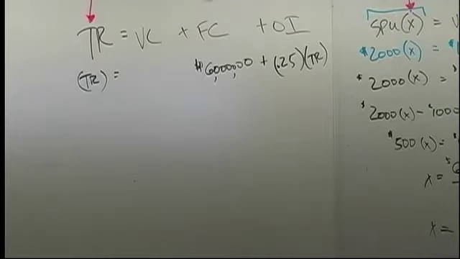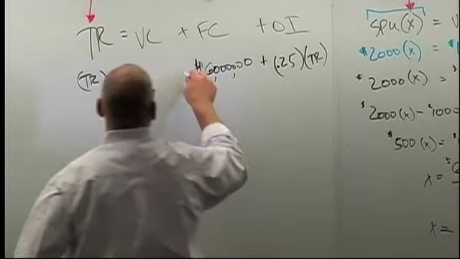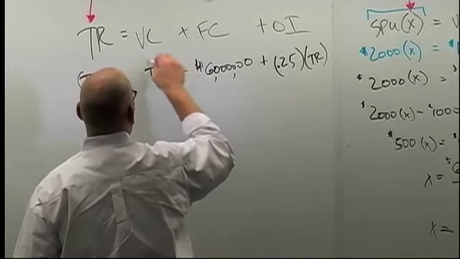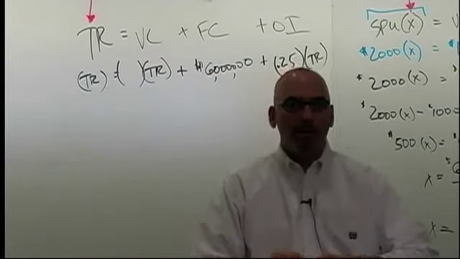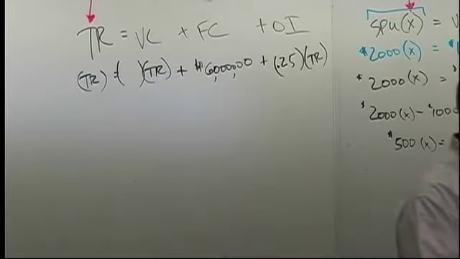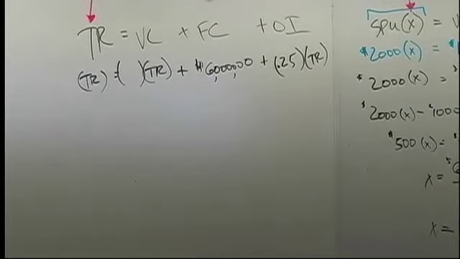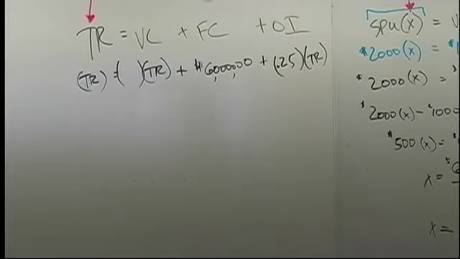So now we need to know just variable cost. And again, TR is going to be part. We need something times TR to be variable cost. And we need another percent. Anybody have any ideas? We need a percent.